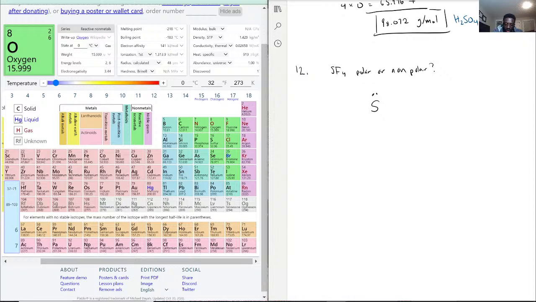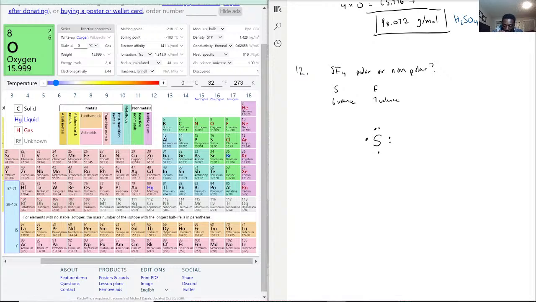That's sulfur, and fluorine has 7 electrons. So here we're going to try to draw a Lewis dot diagram, because that's the best way to observe the molecule. Sulfur has 6 valence electrons, and fluorine has 7 valence.